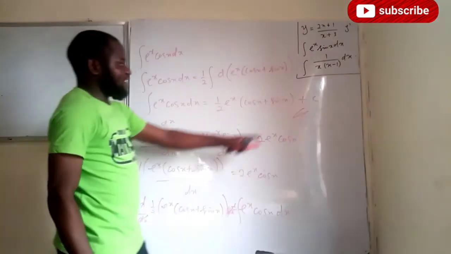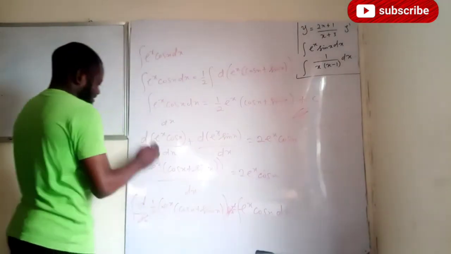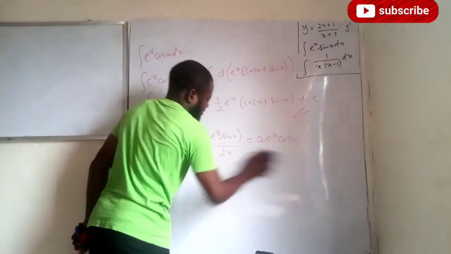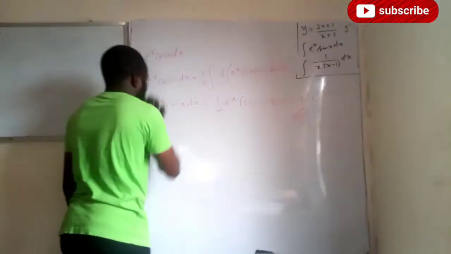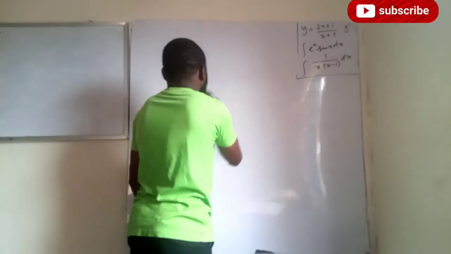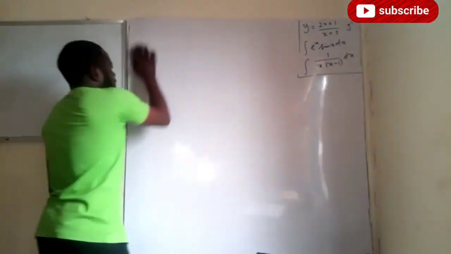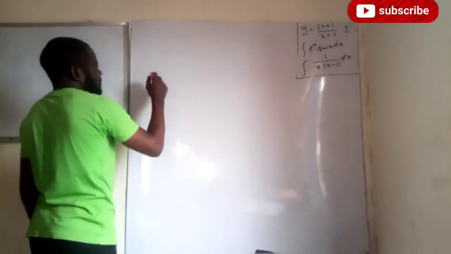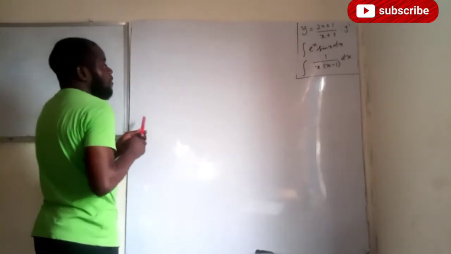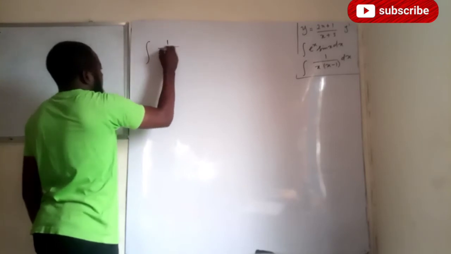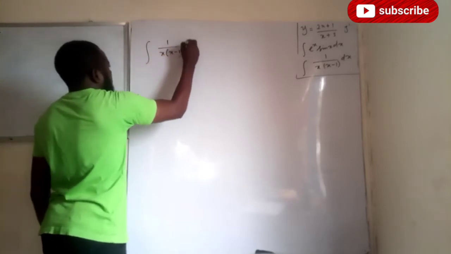Okay, let's go for the last one now, which is this. And it's also okay to look into that as well. Okay, so I'm going to be having the question of the integral of 1 over x into x minus 1 dx.